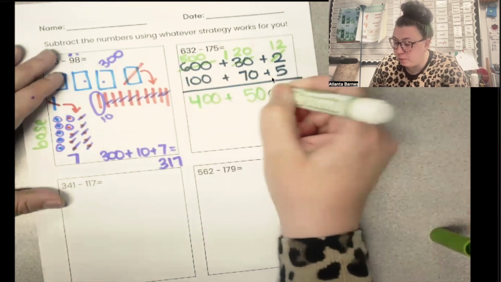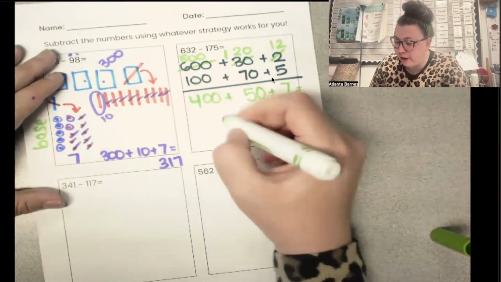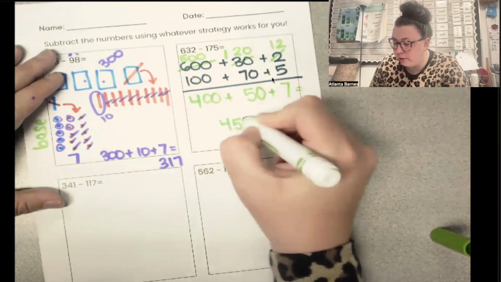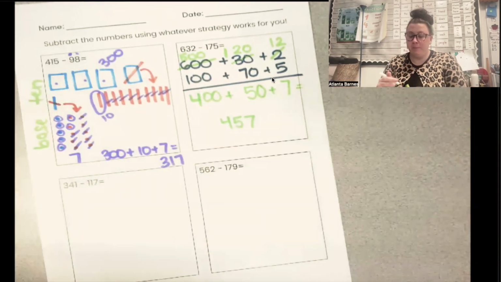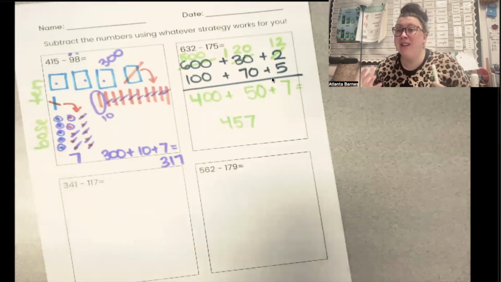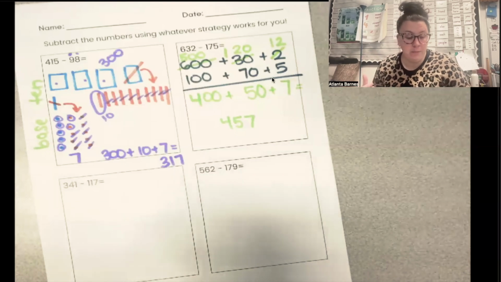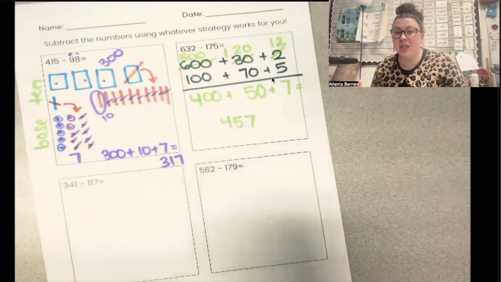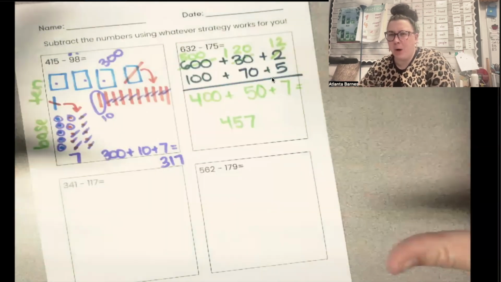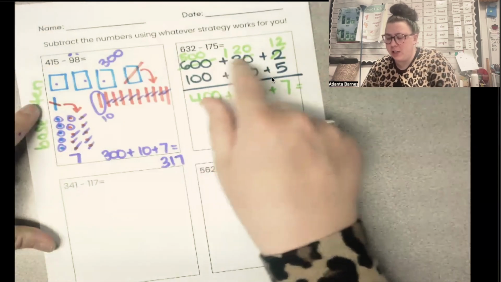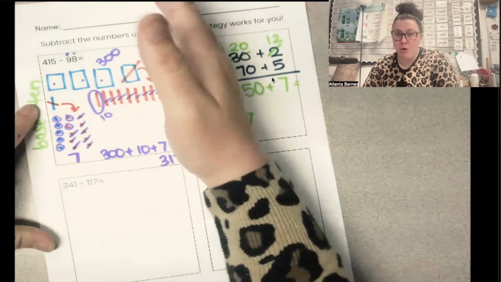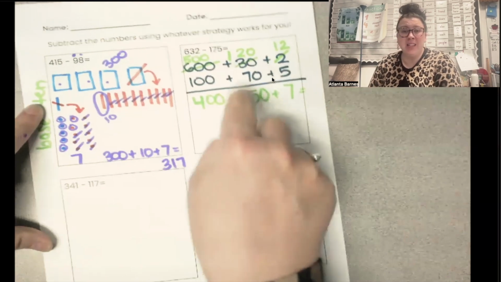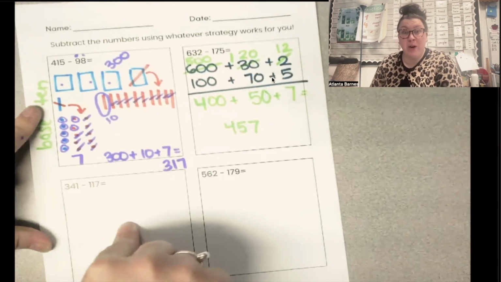So now we have 400 plus 50 plus 7 to get us our final answer of 457. Very similar to the standard algorithm when we're subtracting. It's just that we're pulling it all apart so that we understand these are ones, tens, hundreds. Cool. So if you get this strategy, standard algorithm will be very, very easy for you.